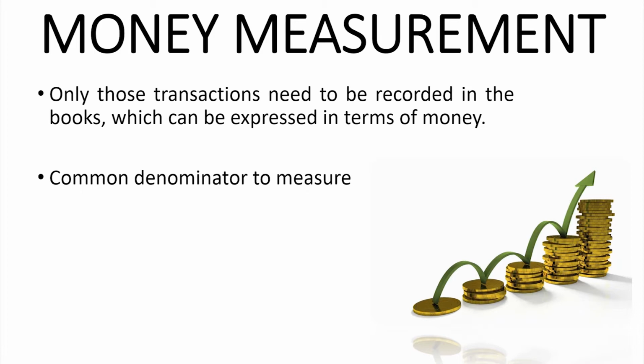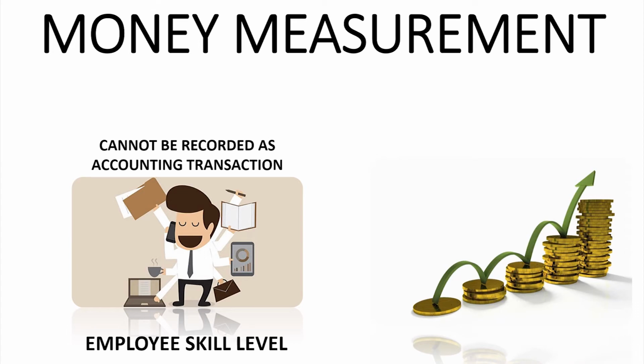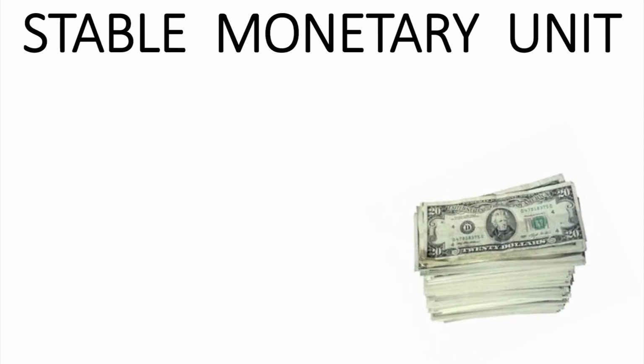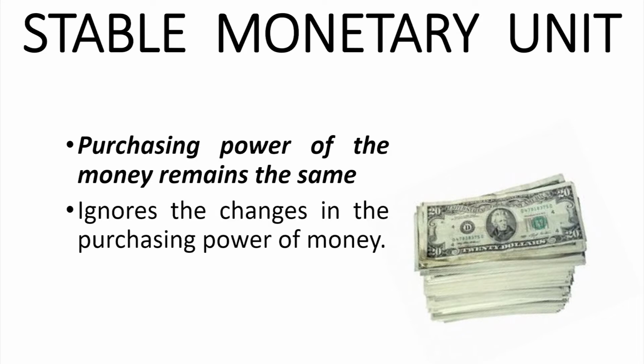For example, an item that cannot be recorded as an accounting transaction because it cannot be expressed in terms of money is employee skill level. Next accounting concept is stable monetary unit. This concept assumes that the purchasing power of the money remains the same throughout. It ignores the changes in the purchasing power of the money due to inflation or deflation.